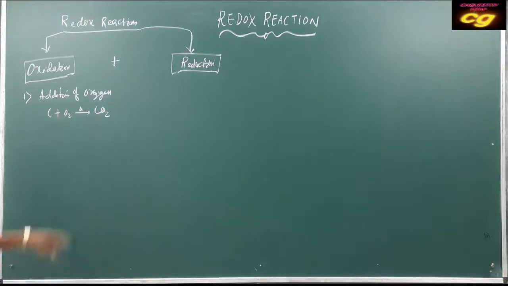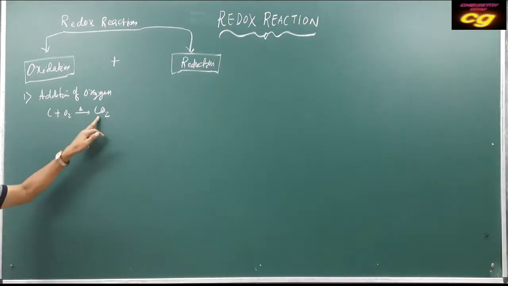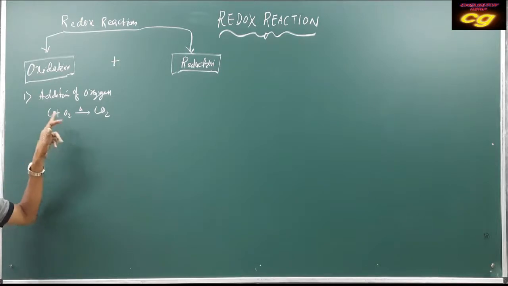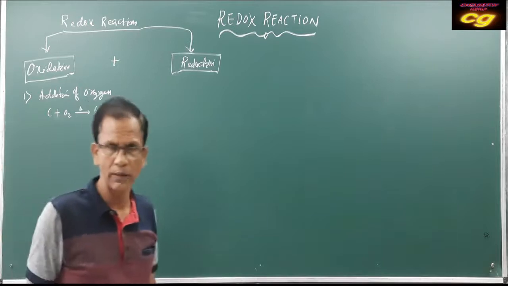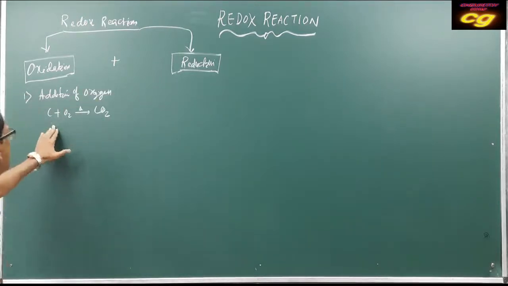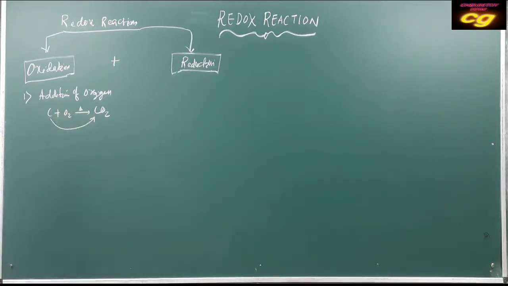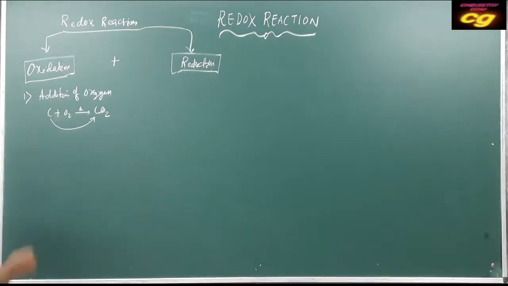You see the change: on the left side there is free carbon, but on the right side it is combined with oxygen. That means oxygen is added to carbon, so we can say carbon undergoes oxidation. Carbon changing to carbon dioxide is called oxidation.